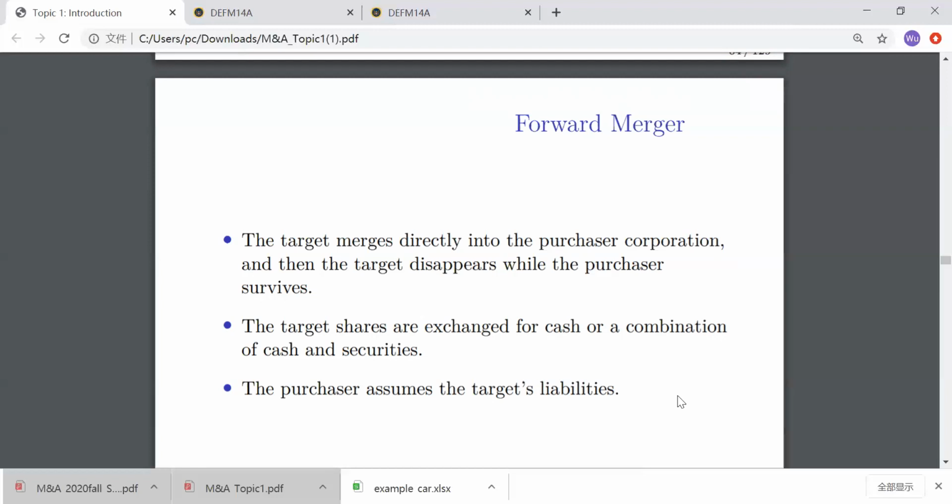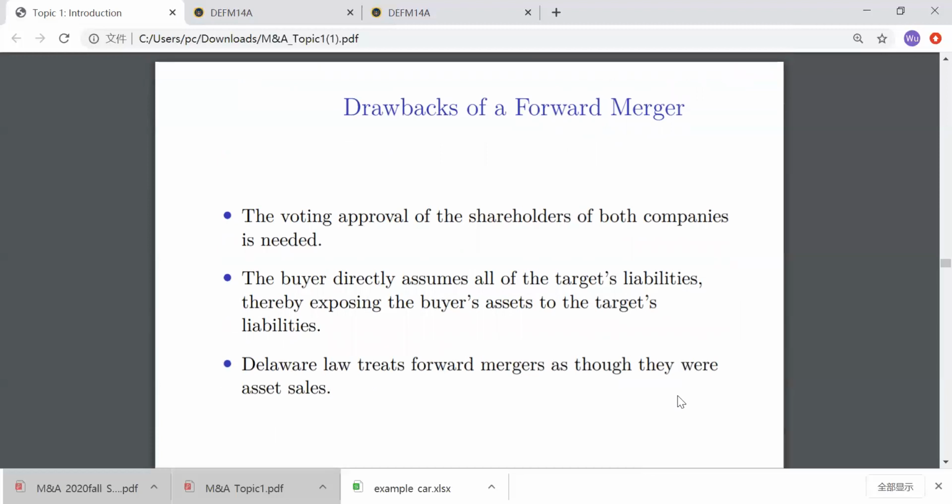That's a forward merger. The drawbacks of this forward merger, which is very common in mergers and acquisitions, are that you need the voting approval of the shareholders of both companies. The other drawback is that the buyer directly assumes all of the target's liability. So in that case, the acquirer's assets are also exposed to the liability risk of the target firm.